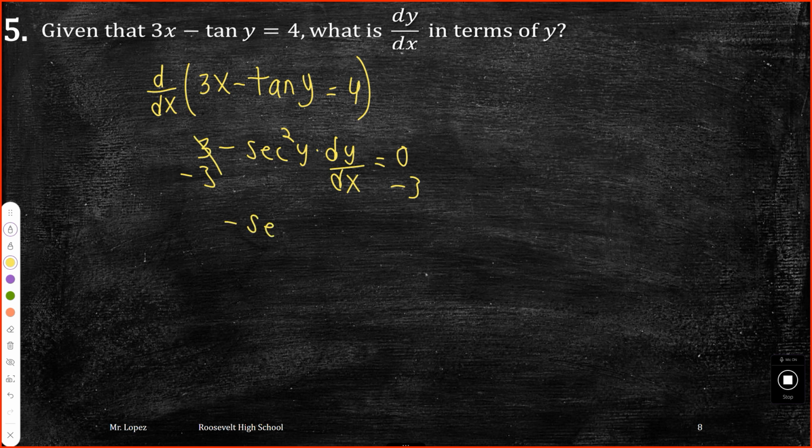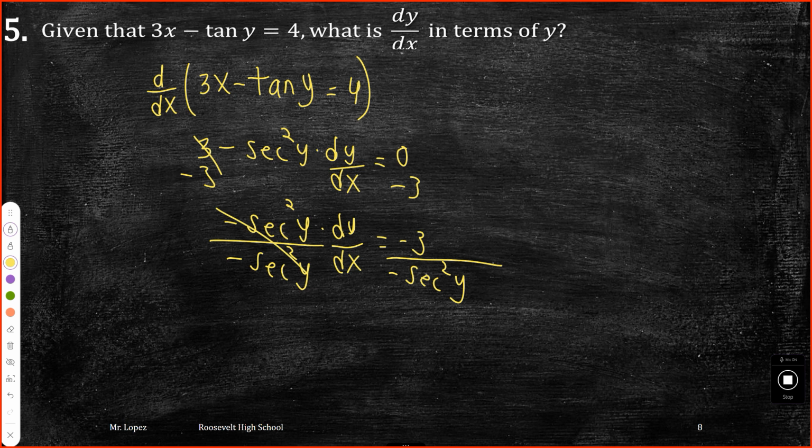Negative secant squared y dy/dx equals negative 3. Divide by negative secant squared y. dy/dx is equal to a negative divided by a negative, which is a positive, 3.